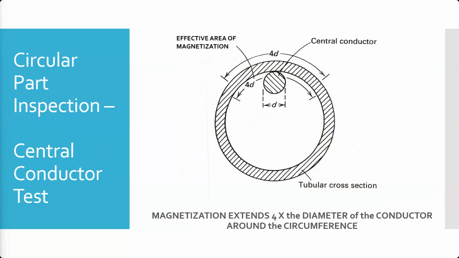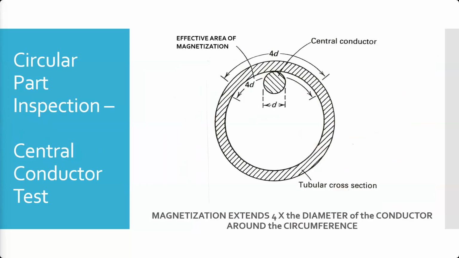What you have to do is look at the point where the rod is touching here, the vertical point, and take the diameter: you can go 2 diameters to the left and 2 diameters to the right. On a ring like this, it's going to magnetize a little bit further on the inside surface than on the outside surface, because the circumference is longer on the outside than on the inside.